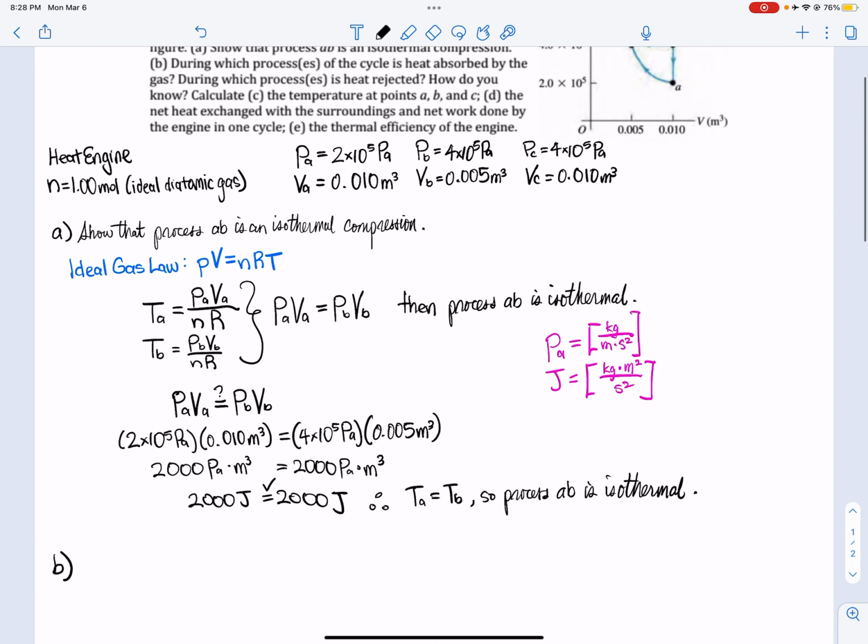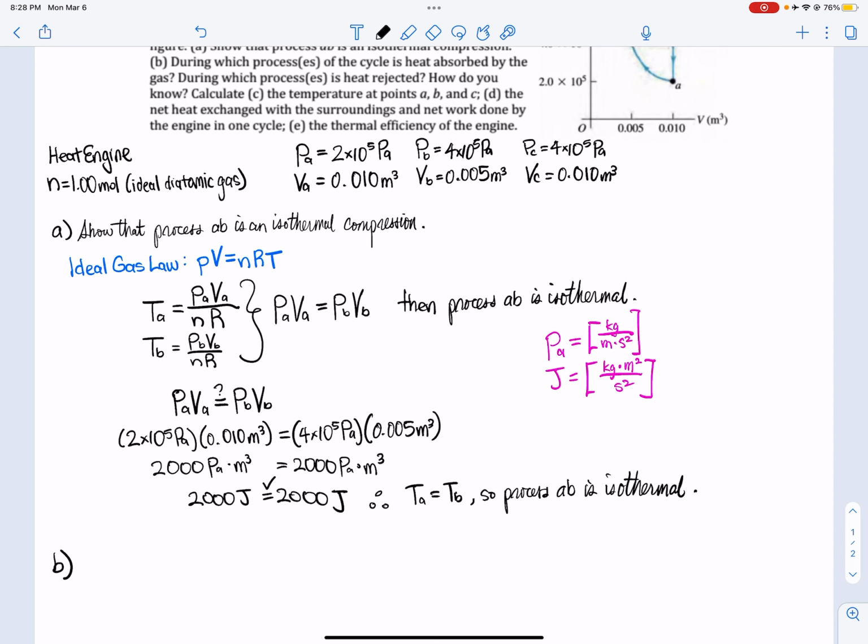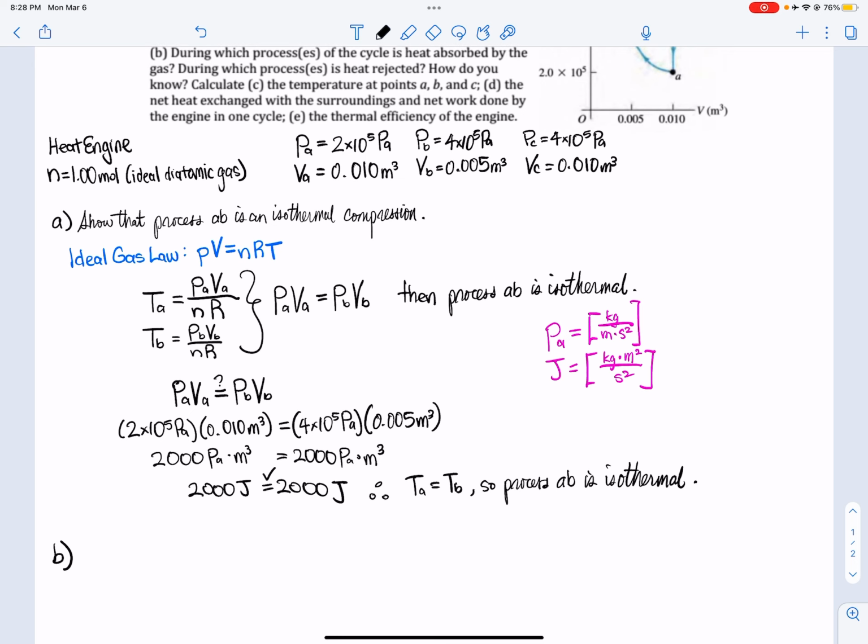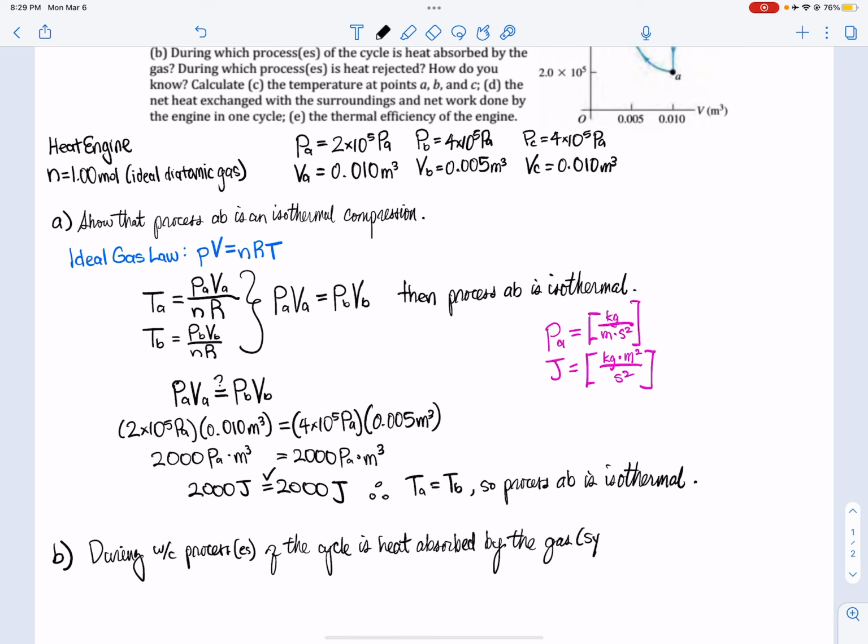Now part B. During which processes of the cycle is heat absorbed by the gas? And during which processes is heat rejected by the gas or system?